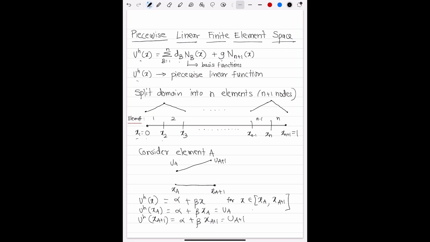So we now have these two equations for two unknowns, alpha and beta. We can solve the system of equations, determine the values of alpha and beta, and substitute them into the equation u_h(x) equal to alpha plus beta x, and that will give us what the approximate solution looks like within this particular element.